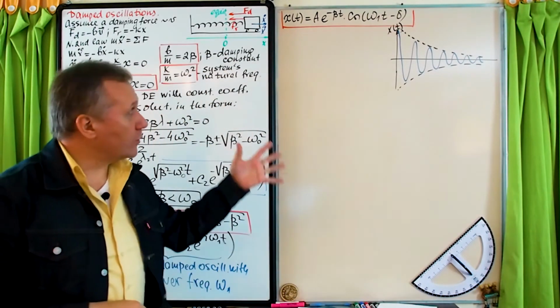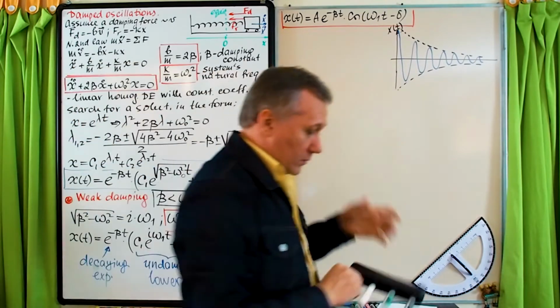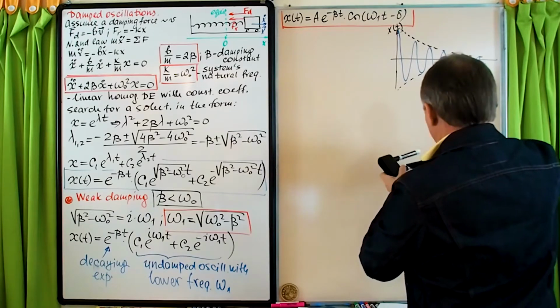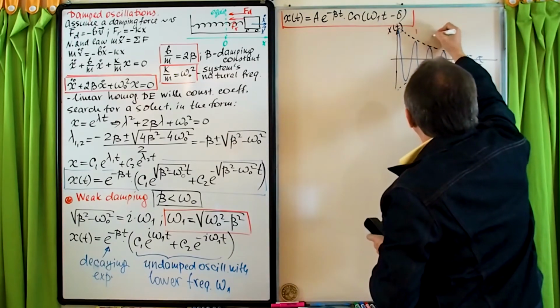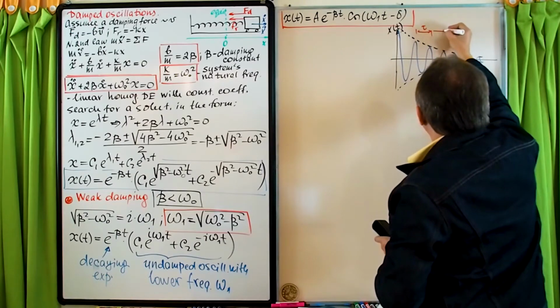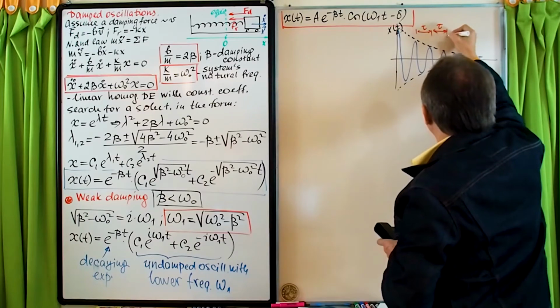And again, the frequency is smaller than the natural frequency. The distance between peaks here is tau, between these two adjacent peaks again tau, and so on, right?